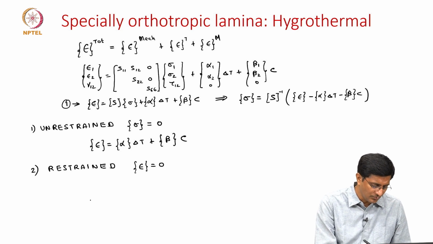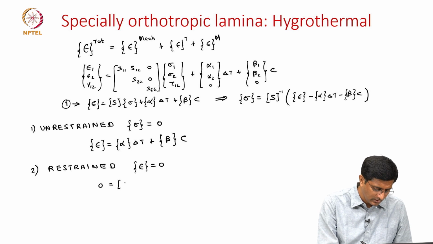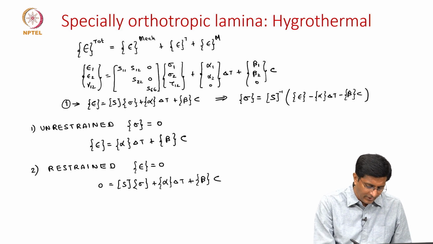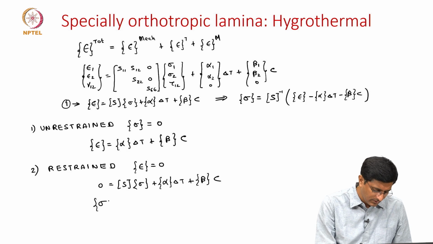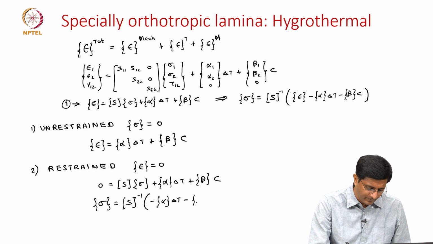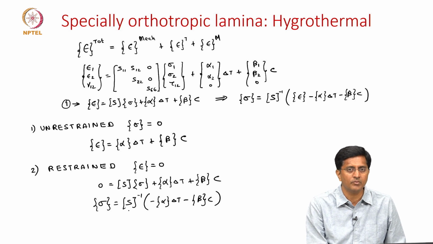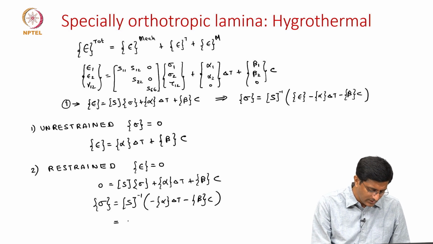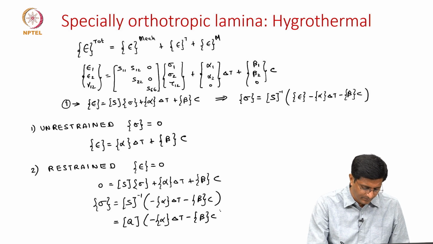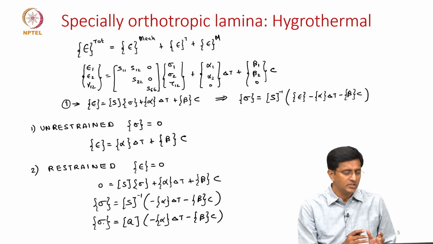So if I plug this into equation 1 again, it should give null vector is S, the compliance matrix, times the stresses plus alpha delta T plus beta C. And if I now write it in terms of stresses, it should be S inverse times minus alpha delta T minus beta C. But we know that the inverse of the compliance matrix is the stiffness matrix Q. So we can rewrite this as Q times again minus alpha delta T minus beta C, which is the stresses which occur because of this constraint we have applied.